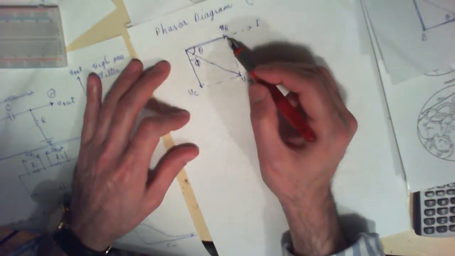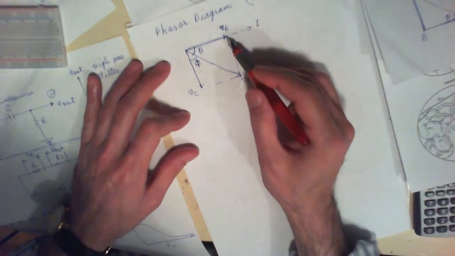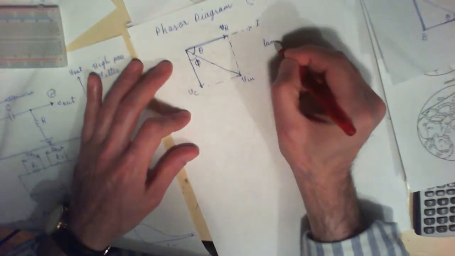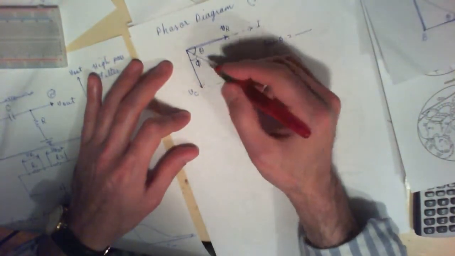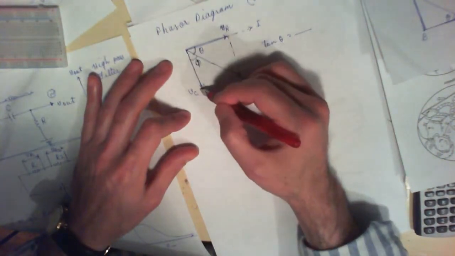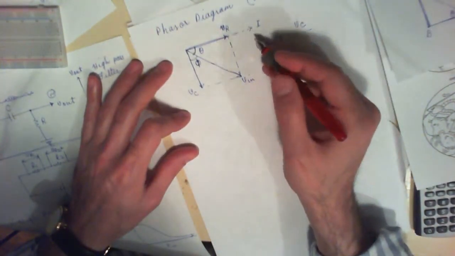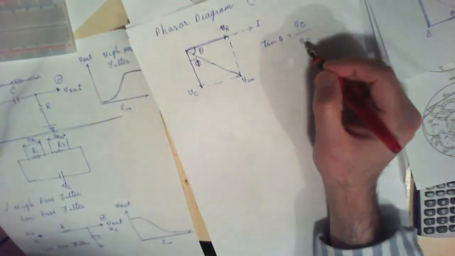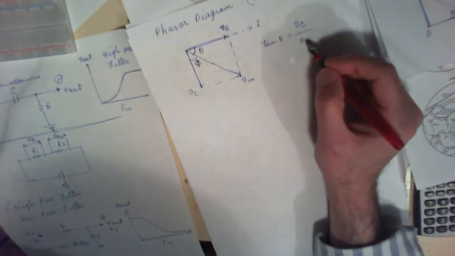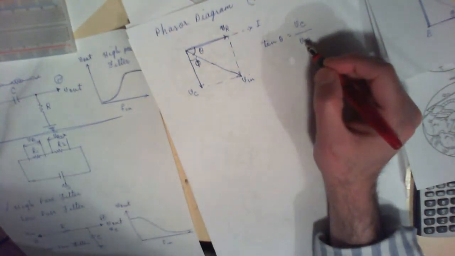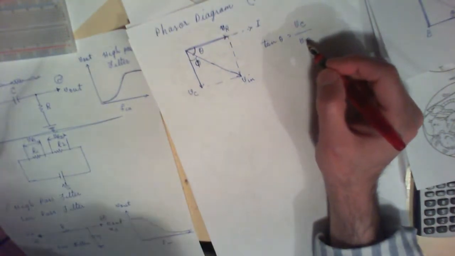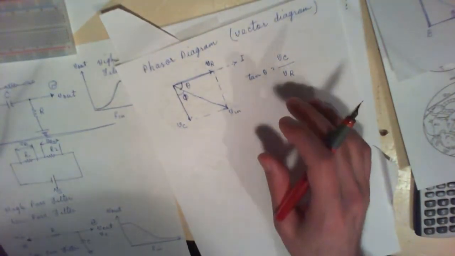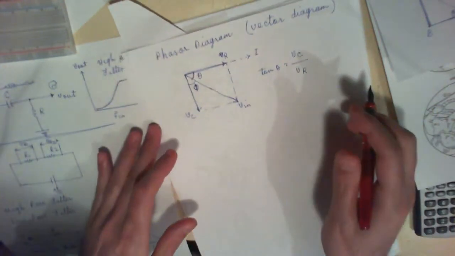So tan of this angle theta is equal to opposite by adjacent, meaning that the opposite would be this distance over here, which is equal to V of C. So tan of theta is equal to the opposite side, V of C, to the adjacent, which is V of R. Of course you can derive some sort of formula for yourself, but that would be a lengthy process.